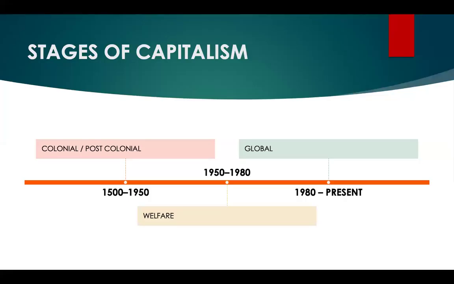Then what happened is industrial capitalism in the 18th and 19th centuries. The key features of industrial capitalism was the transition from handcraft-based production to machine-based manufacturing. People weren't making shoes by hand anymore.